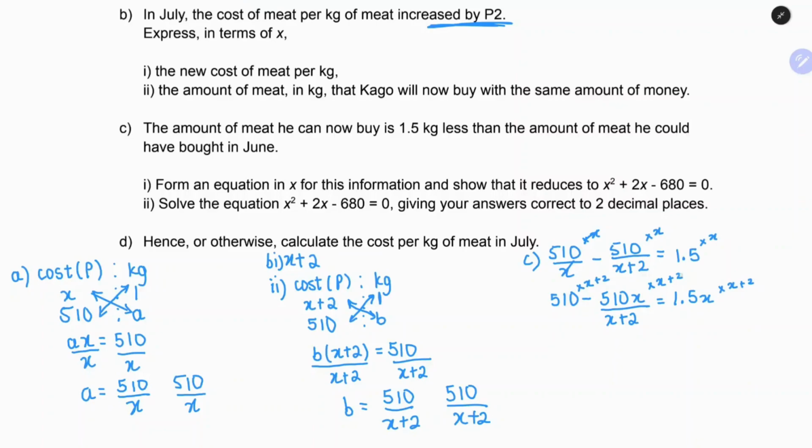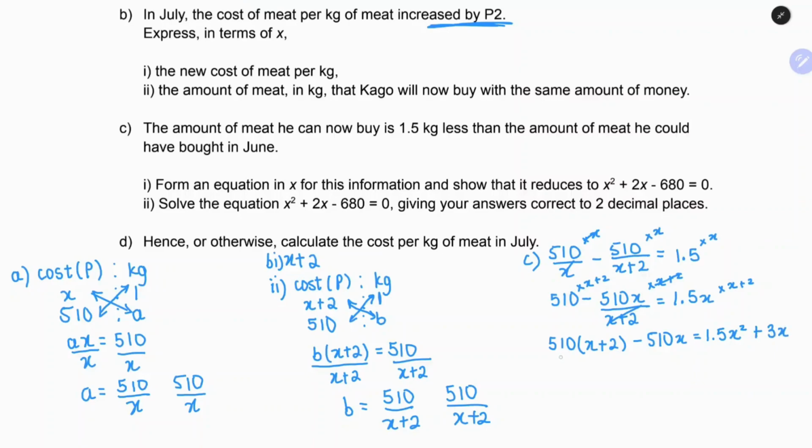So x plus 2 will cancel out x plus 2, and then we'll remain with 510 times x plus 2 minus 510x is equal to 1.5x squared plus 3x.